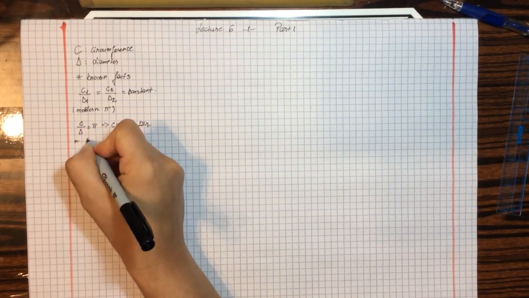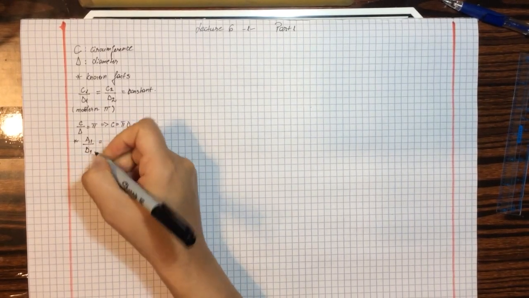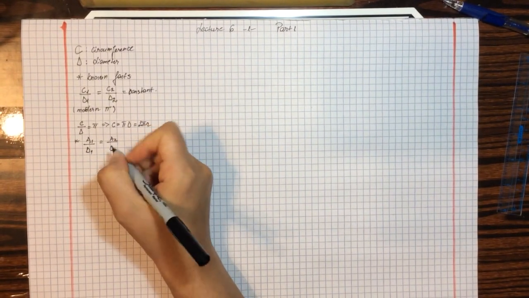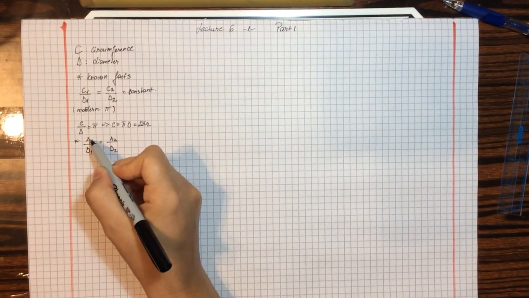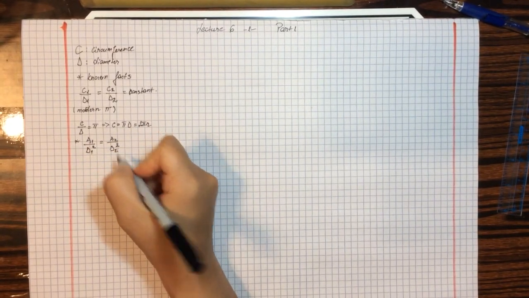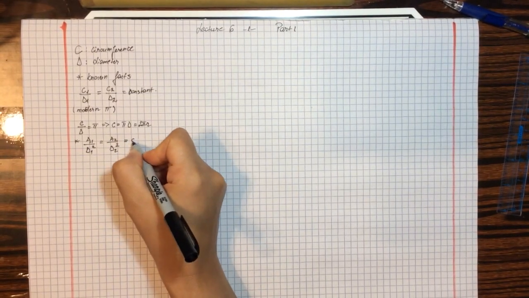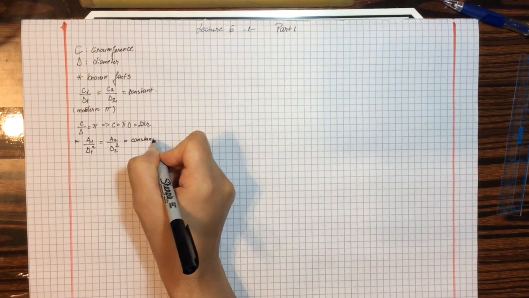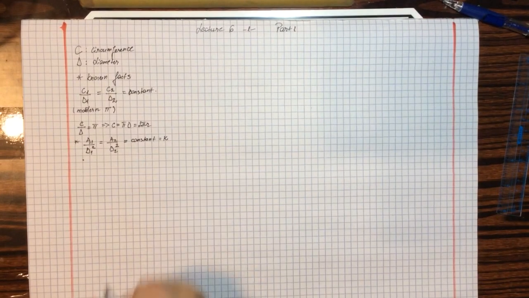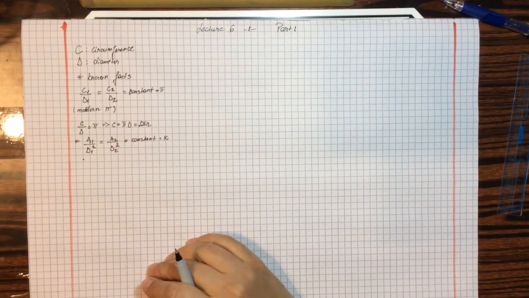If I have two circles, one with area 1 and diameter 1, and another one with area 2 and diameter 2, the ratio of the area over the square of the diameter, no matter what the circle, is always the same. So this is also a constant. Let's call this constant K.